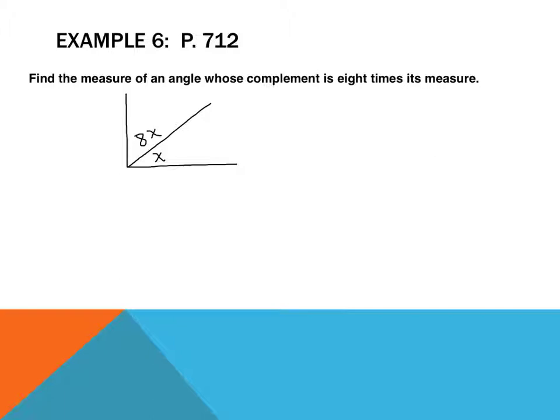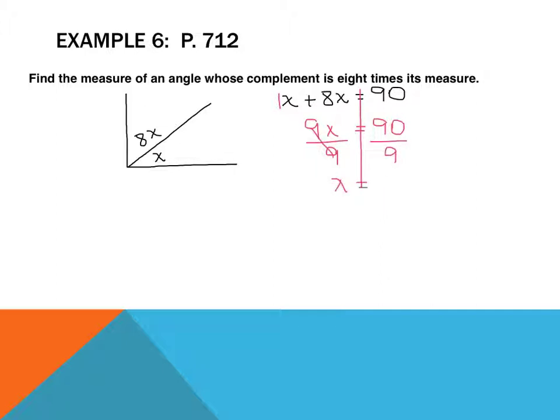So that means that x plus 8 times x is equal to 90. Simplify, so this is the same thing as 1x, so 1x plus 8x is 9x. Then that's 9 times x, so I can divide by 9.